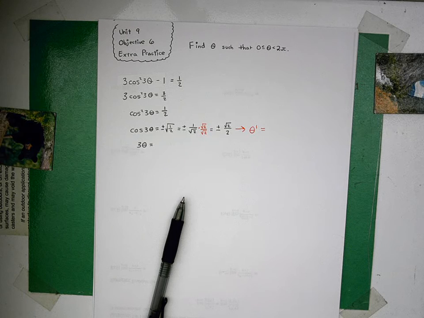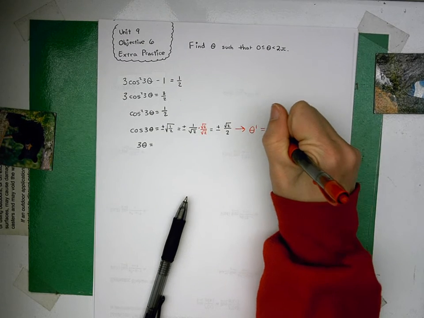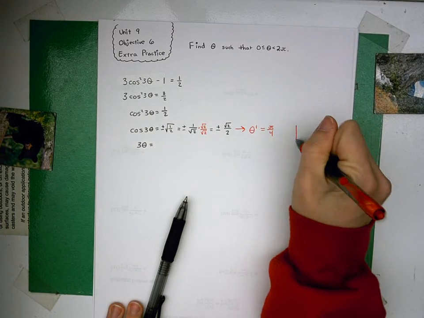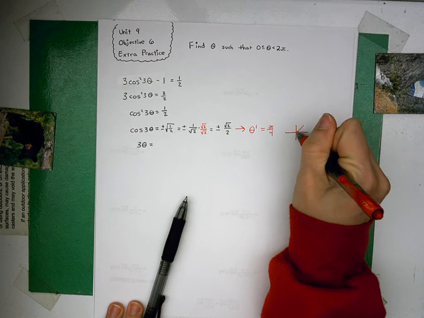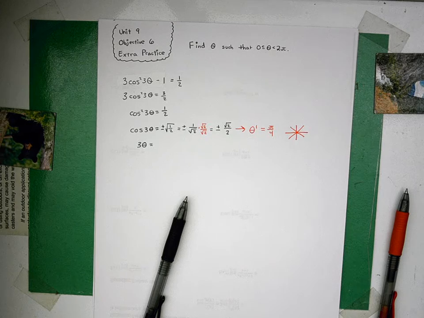Regardless of how you do it, you should end up getting the 45-degree angle, or pi over 4. In this case, cosine is going to be positive and negative, so we're going to name that pi over 4 angle in each of our 4 quadrants, right?